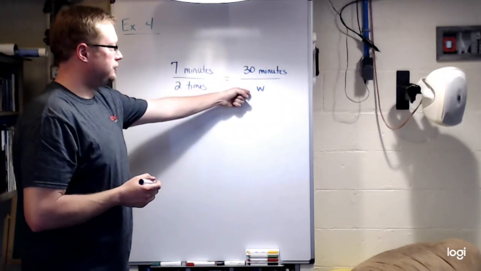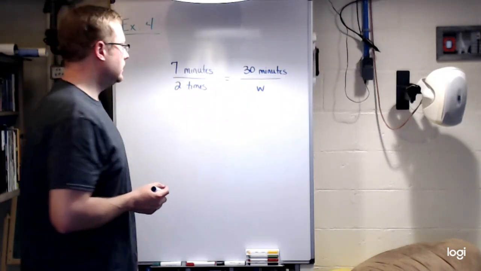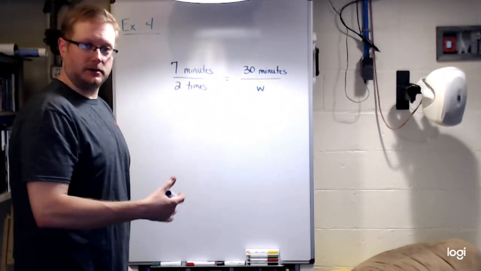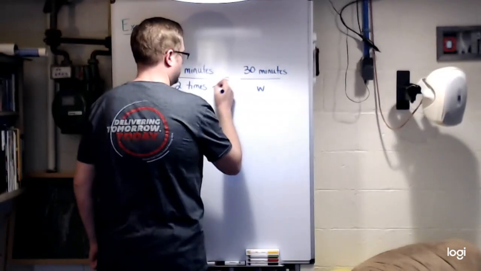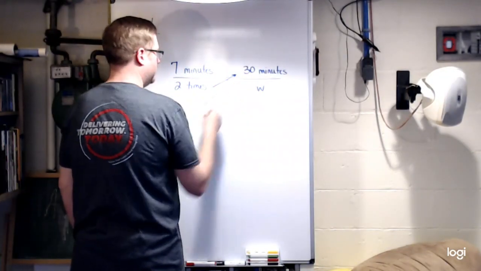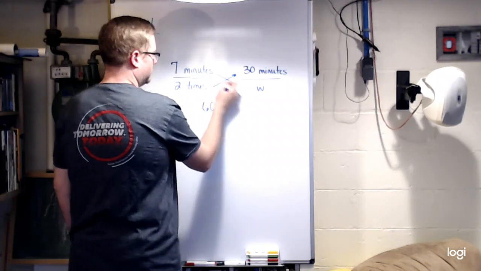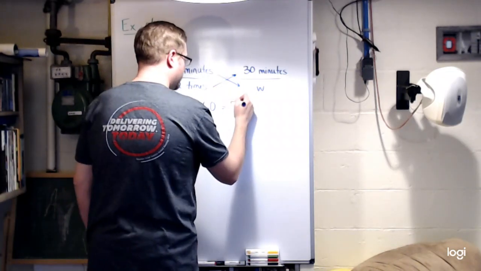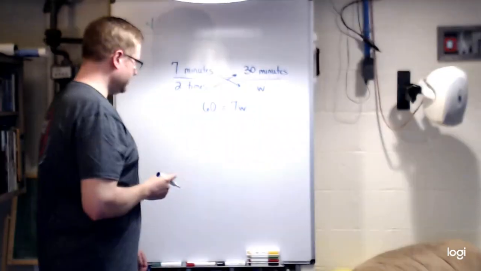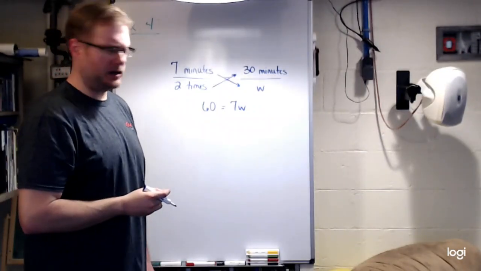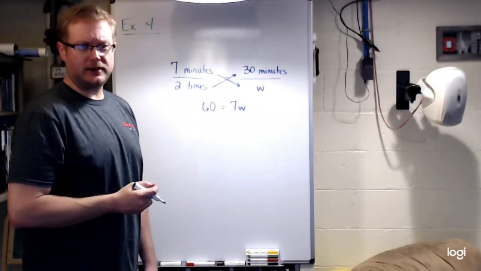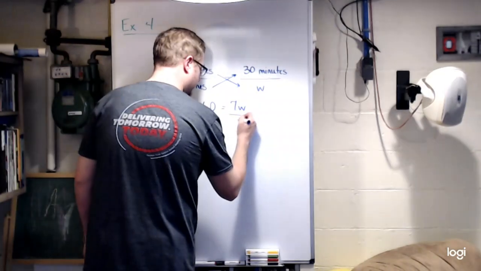In 30 minutes, she can go W times. Cross multiply and divide. 2 times 30 is 60. 7 times W is 7W. We're going to have a funky number here. 60 equals 7 times W, so we're going to divide both sides by 7.